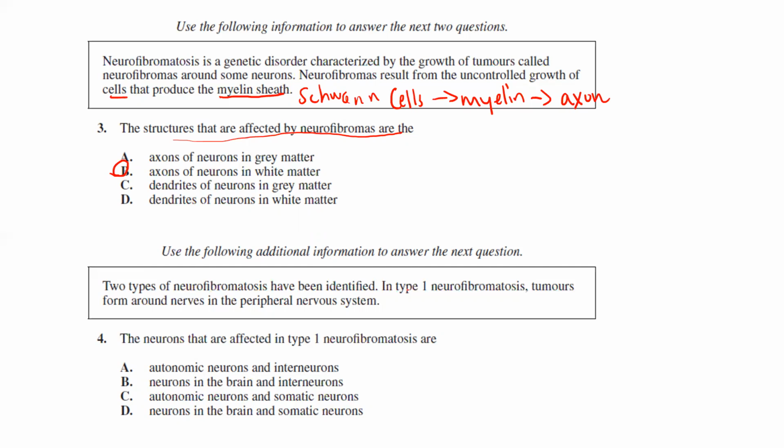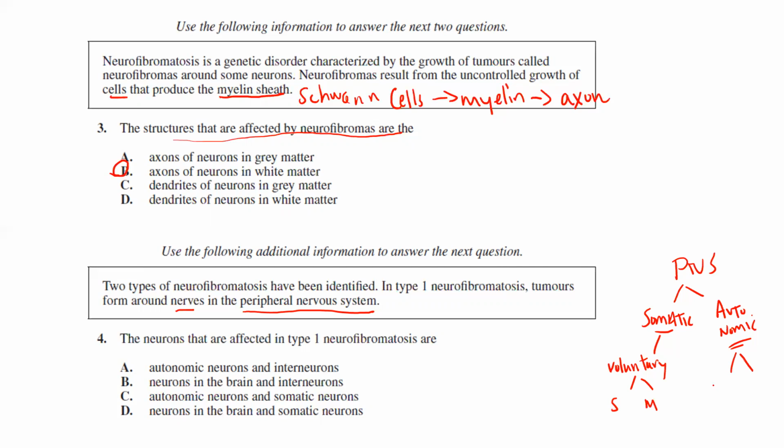Two types of neurofibromatosis have been identified. Type 1 tumors form around nerves in the peripheral nervous system. Okay, remember peripheral nervous system? We've got the somatic and we've got the autonomic. Somatic is voluntary. Sensory and motor neurons.